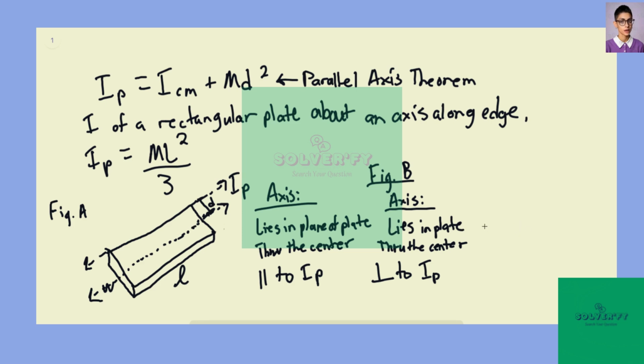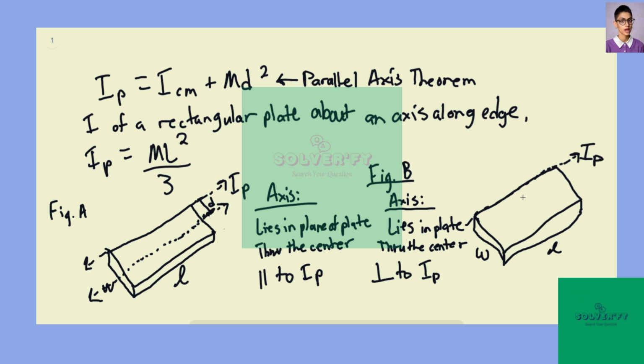So when we draw this, apologize there, this will be, again, our width, our length, and this is, again, our I sub P. But now the axis that they're looking for is going to be this right here.